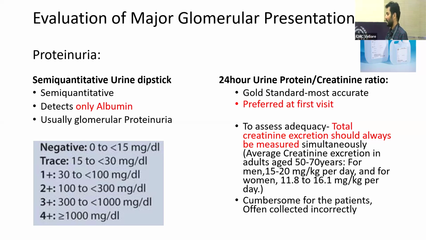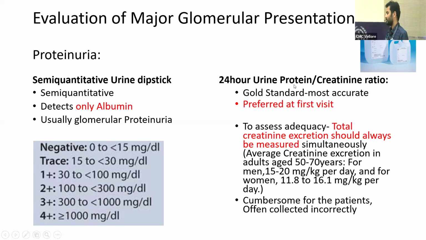So first you have to assess the adequacy. For example, for a 50 kg, 50-year-old male, using 20 milligram per kg, it is probably 1000 milligram. So if your urine sample is around that level, 900 to 1100, it is collected adequately. If it is around 2000, you might have collected too much. If it is only some 500 milligram, it is an under-collected sample, so you have to repeat the sample.